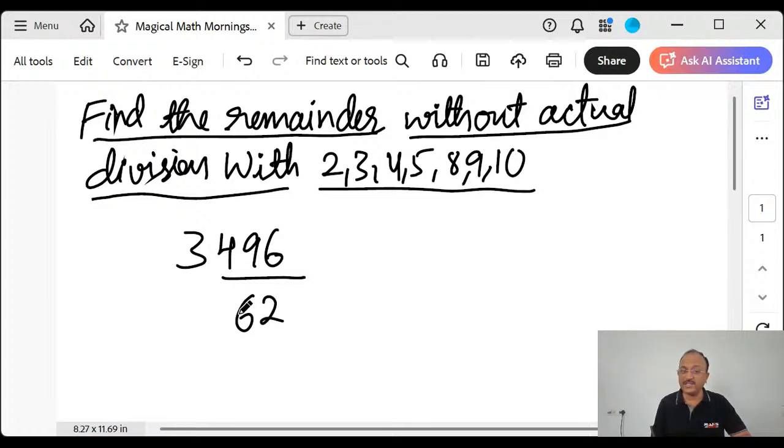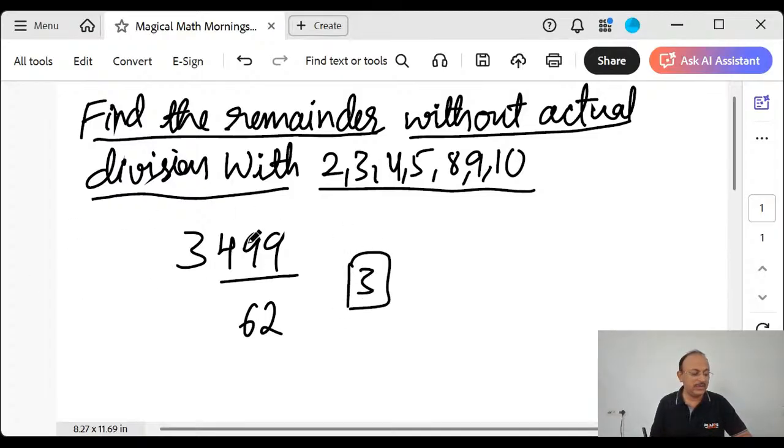So directly this is divisible. Suppose instead of this we want to take 8499. What we'll do? You divide only the last three digits. 8 6s are 48. 1 and 9 is left. 8 2s are 16. What is left out? 3 is the remainder. If you directly divide the entire number, you will get only 3 as the remainder.